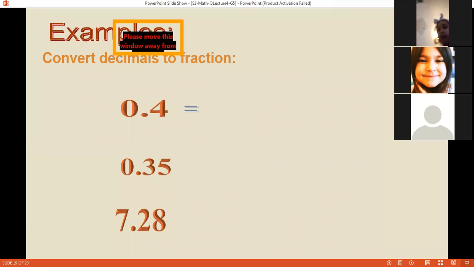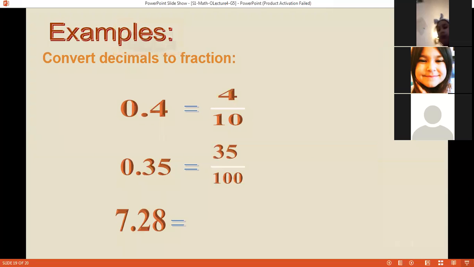So it's 4 over 10, because it's 4 tenths, right? Now we have 0.35. So 35 hundredths, 35 over 100. Very good. Now what if I have 7.28? We put the number 728.